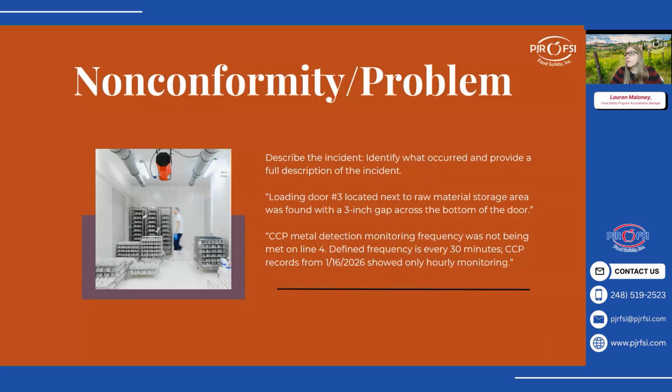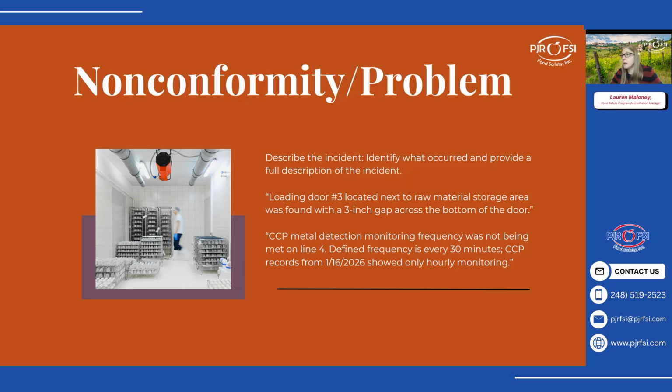And then a nonconformity or a problem is identified. So this needs to include a description of the incident. So what exactly occurred and full details about it. For example, you might see a nonconformity written as: loading door number 3, located next to raw material storage area, was found to have a 3-inch gap across the bottom of the door.